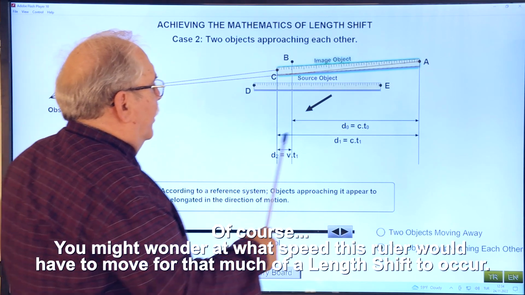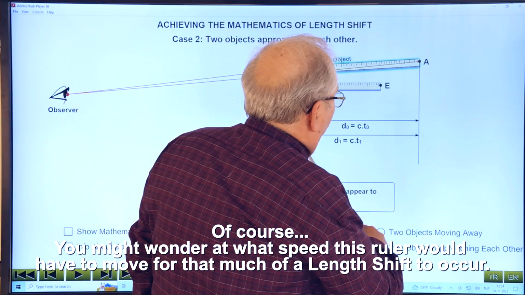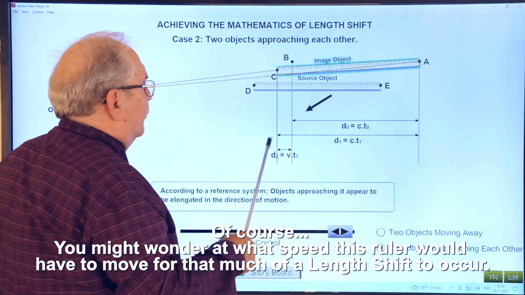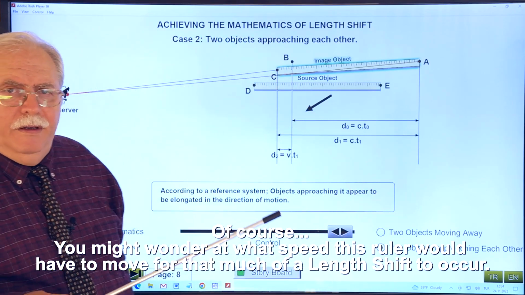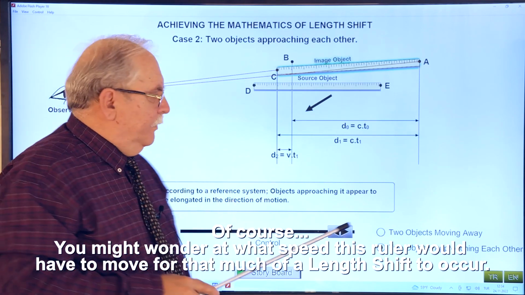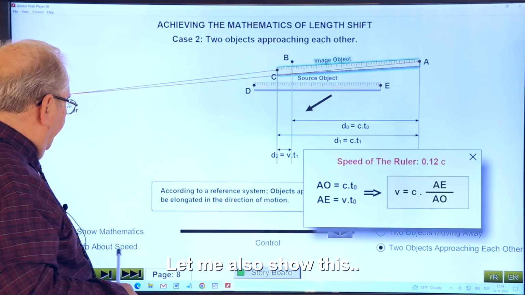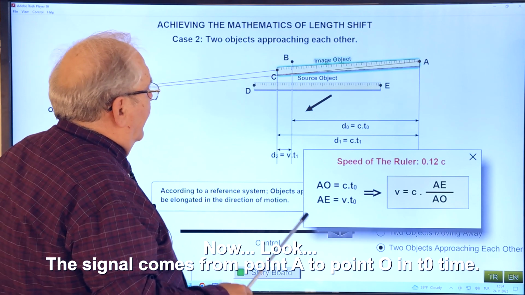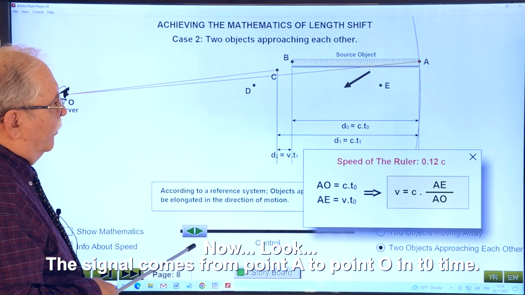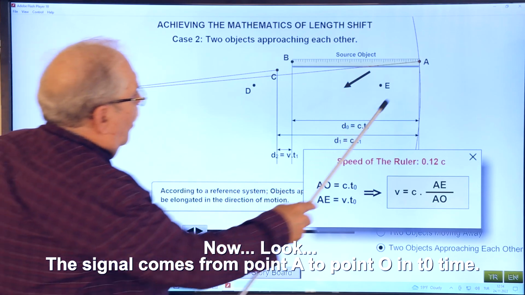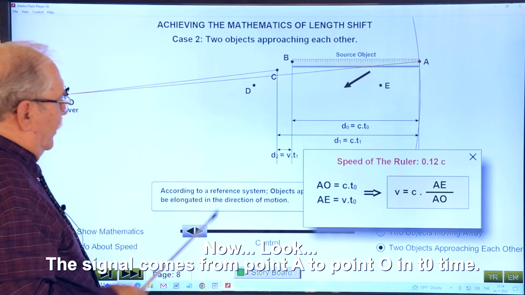Of course, you might wonder at what speed this ruler would have to move for that much of a length shift to occur. Let me also show this. Now, look. The signal comes from point A to point L in t0 time.